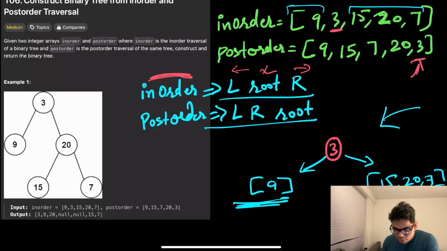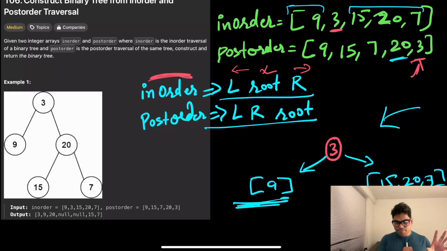So now post-order is only used for popping out the root. So now let's say I will pop out 20. The reason I'm popping out 20 is because in my post-order, when I'm popping it out, that means what?